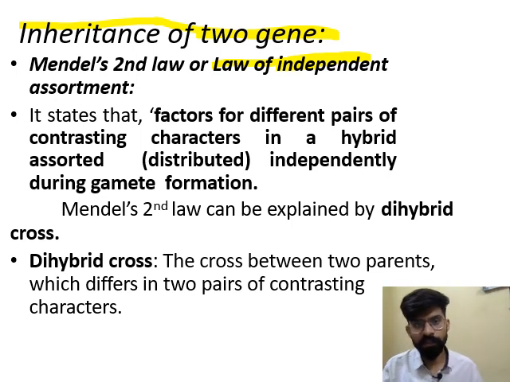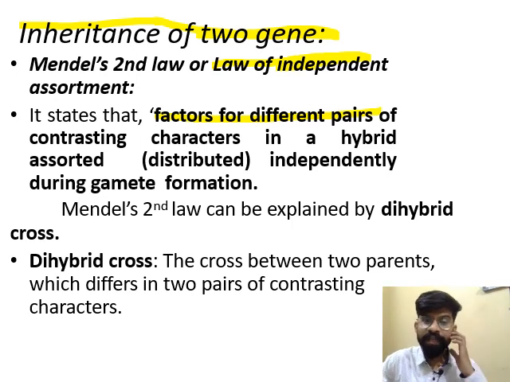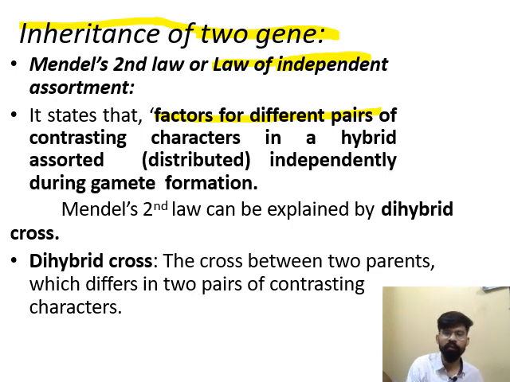The definition of the law of independent assortment: factors for different pairs of contrasting characters in a hybrid separate or are distributed independently during gamete formation.